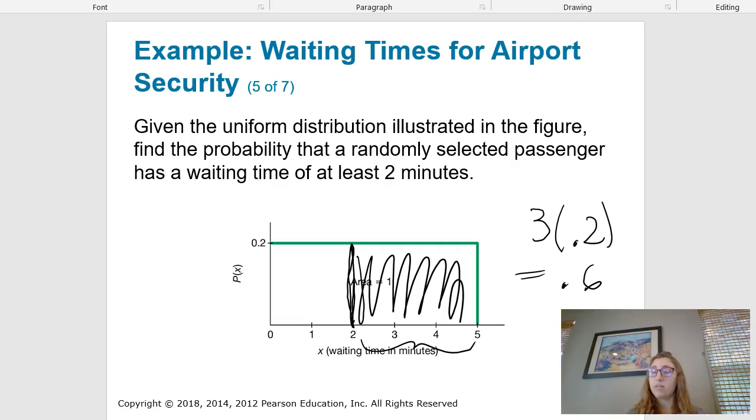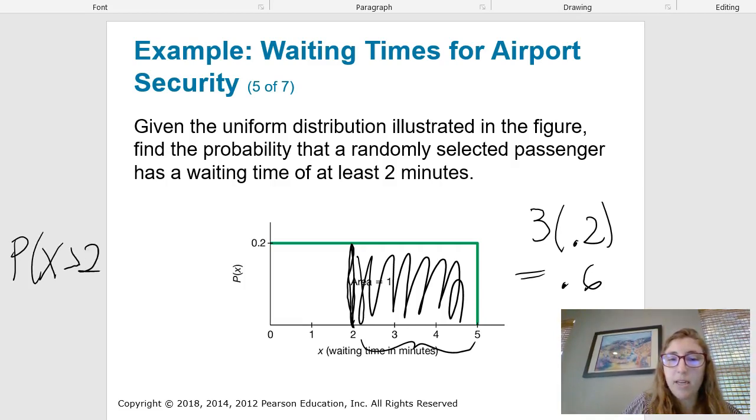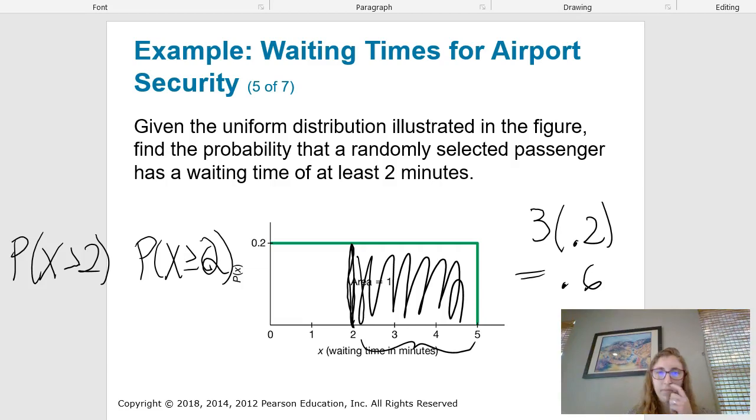A good point to bring up here as well: when we were working in chapter 5, there was a big distinction we had to make between the probability of x being greater than 2 and the probability of x being greater than or equal to 2. So the question is, do we have that distinction here? Think about it. The answer is no, because the only difference between these two x intervals is that this does not include 2 and this does include 2.